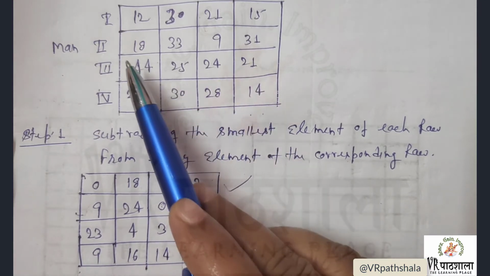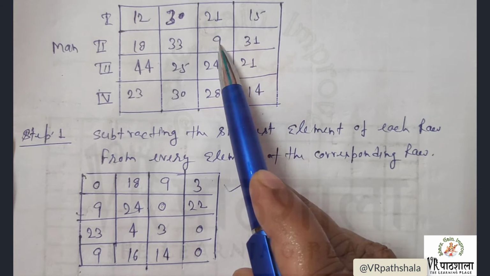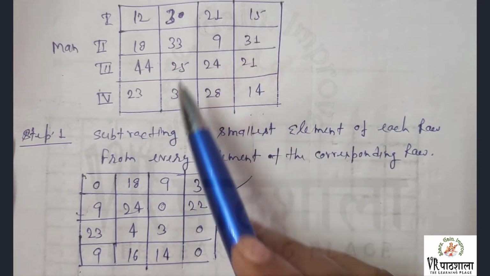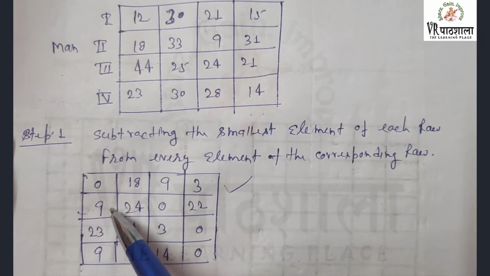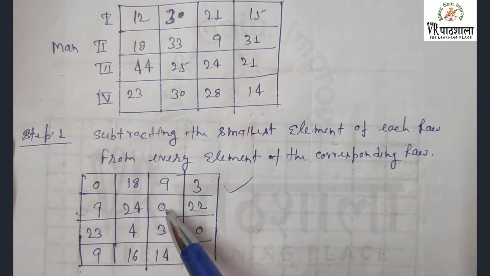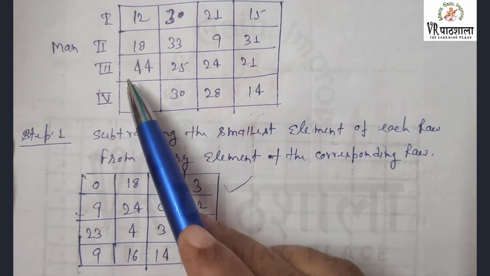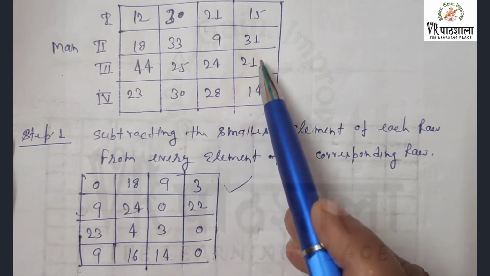Now in the second row, the smallest element is 9. So we subtract 9 from the second row. Now we get 9, 24, 0 and 22. Now in the third row, the smallest element is 21.